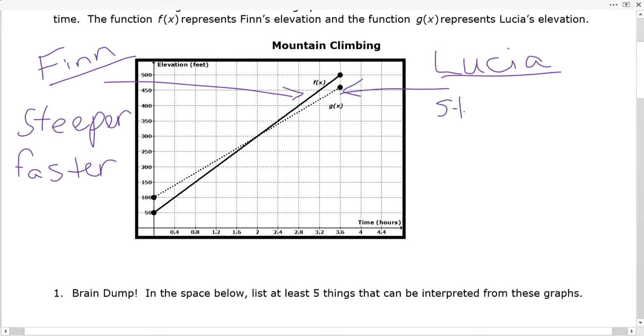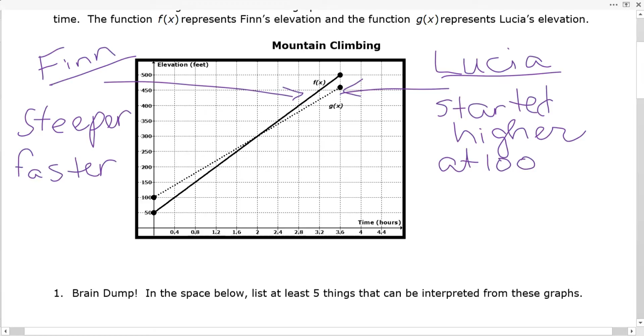Lucia started higher, at 100, and Finn started at 50. Well, it's a bad 5, but you get it.